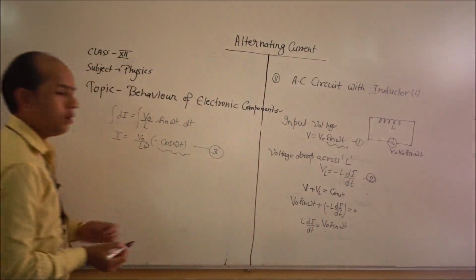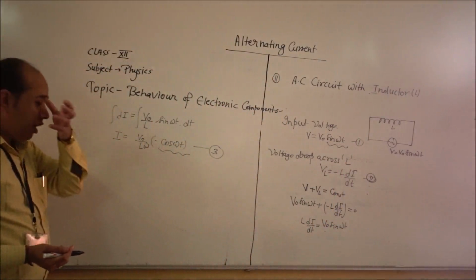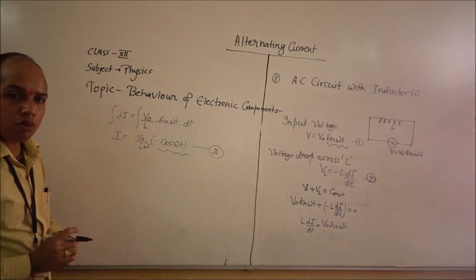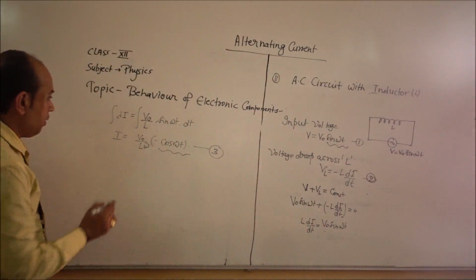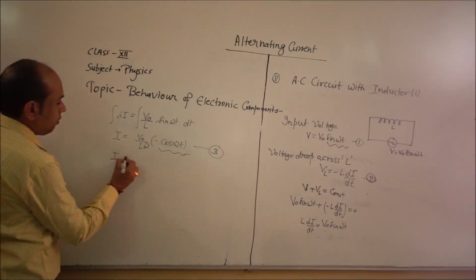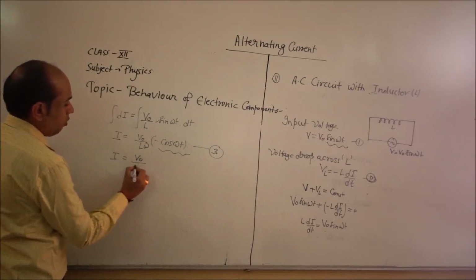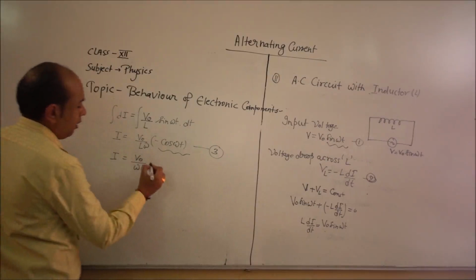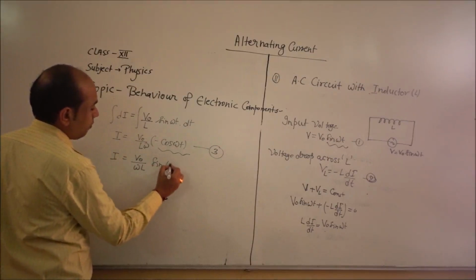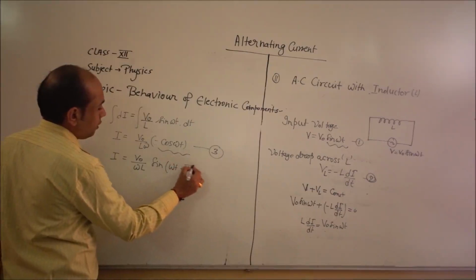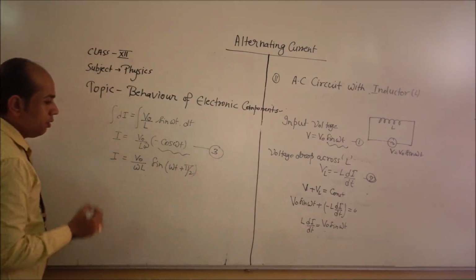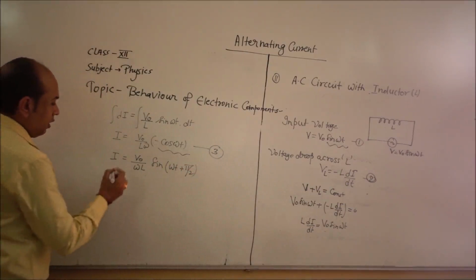So we must change the cos omega t in terms of sine so that we can easily compare. So I is equal to V naught by omega L, and this is given by sine of omega t plus pi by 2. Now we compare with the general equation.